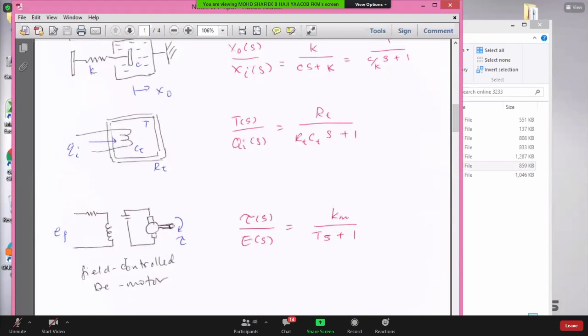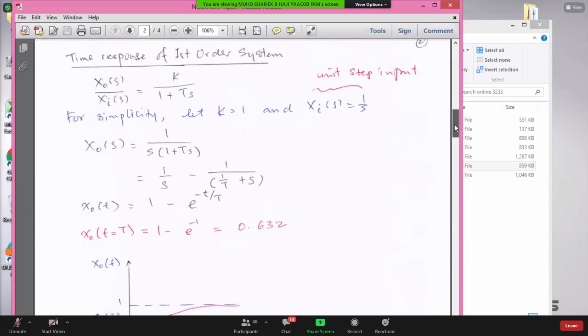For example, here, this is a motor. What happens if you supply a step voltage? Suddenly you supply 24 volts, how is the torque going to be produced? That is what we mean by time response of a first order system.